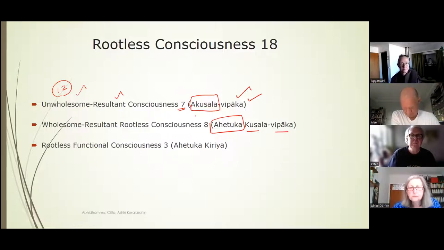Kusala is wholesome; Akusala means negative, so the opposite of wholesome is unwholesome. Ahetuka means rootless. Vipaka is resultant.